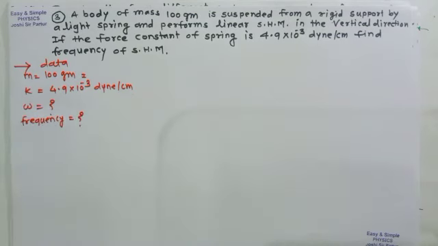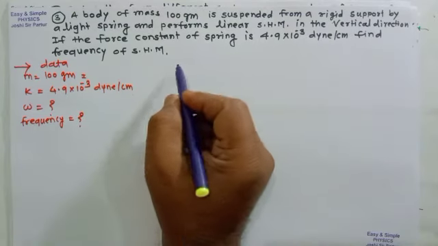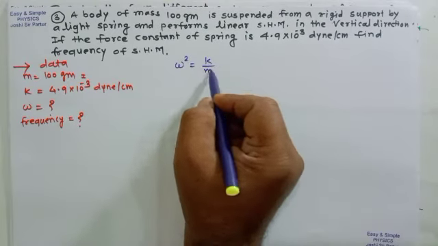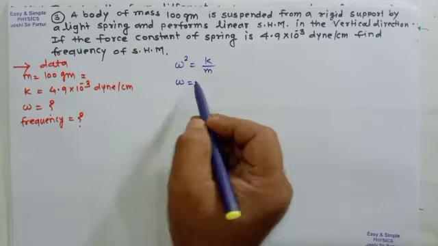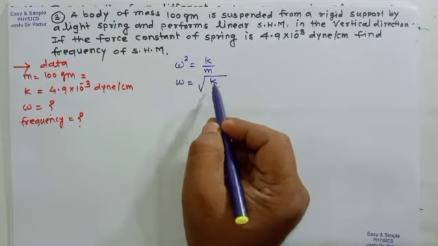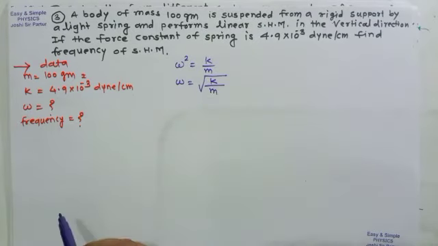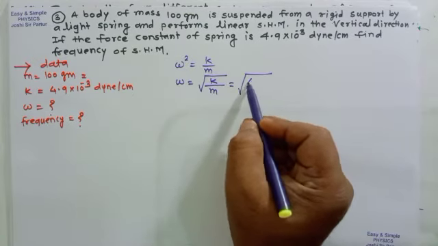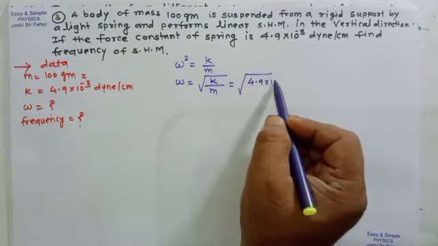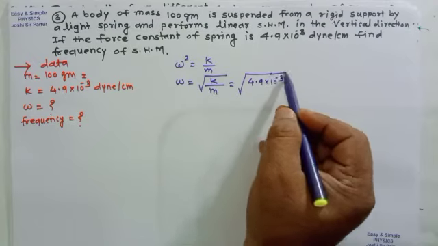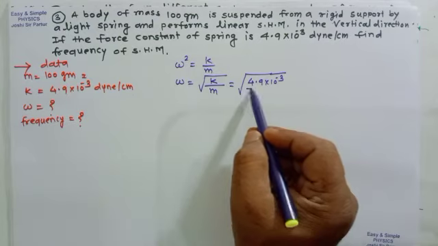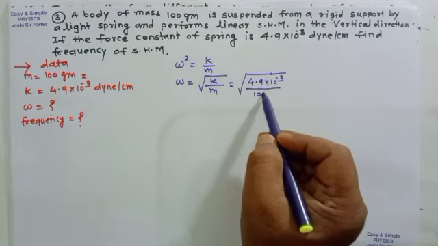So in such a question, we use the formula omega square is K upon m. So omega is square root of force constant K divided by mass. So we know that force constant K will be 4.9 into 10 raised to minus 3. Because this is in the CGS system, mass is also in the CGS system, divided by 100.